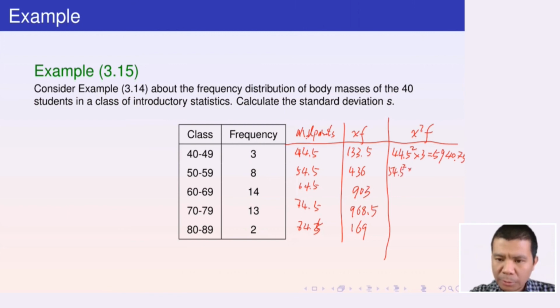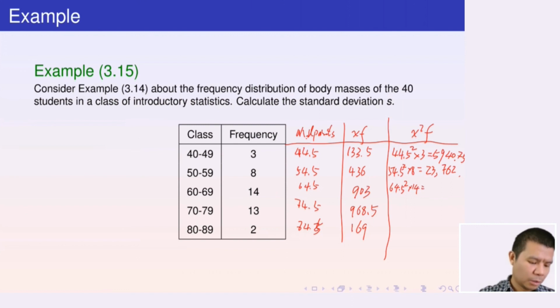Second is 54.5 squared times 8. Even larger, this one is 23,762. Okay, this is 64.5 squared times 14. Wow, 58,243.5.